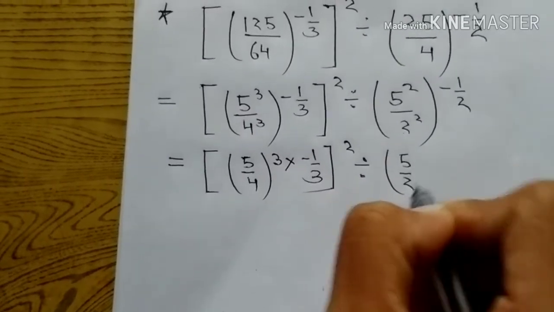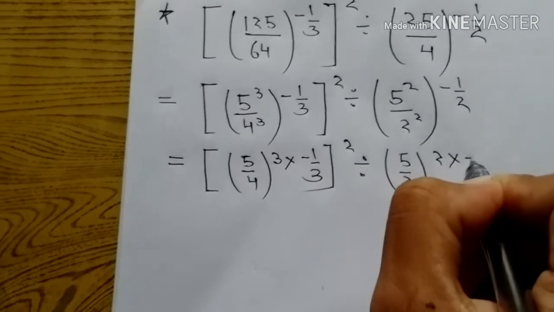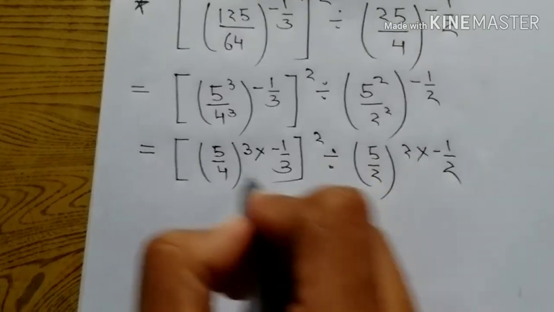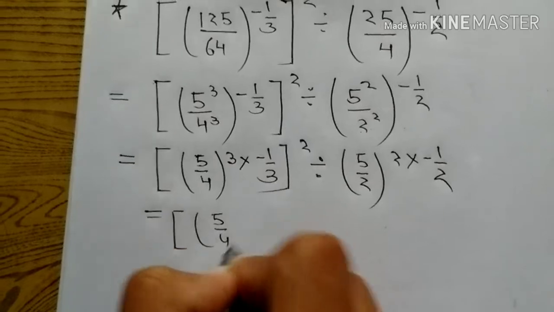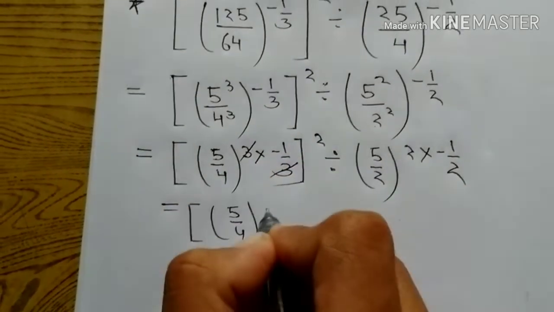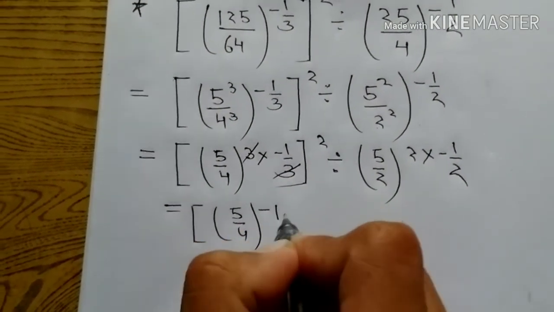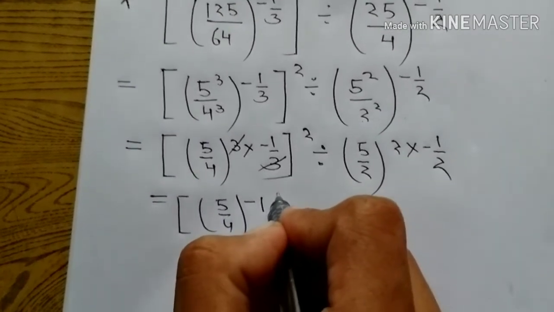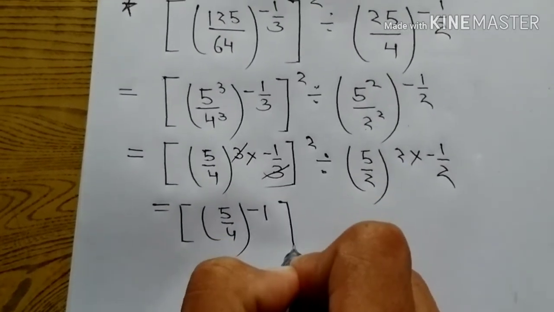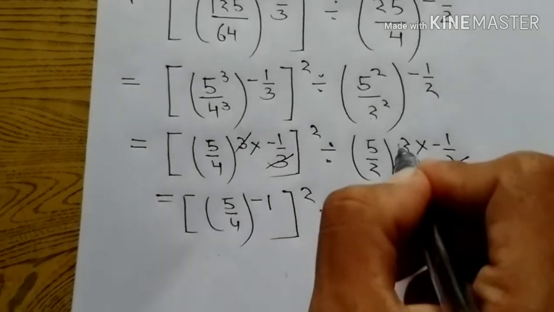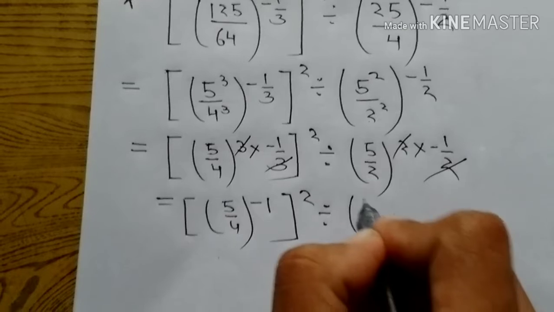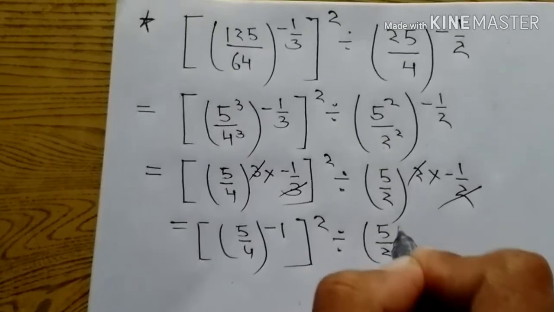We can again take the common and multiply with the whole power. Now what we have to do is cancel 3 and the remaining is minus 1, and we have another whole square, and same like we have to cancel this as well, and the remaining is 5 by 2 to the power negative 1.